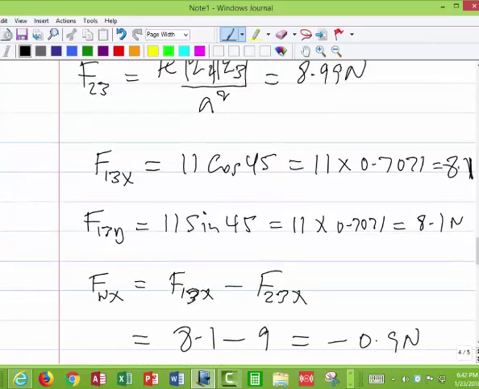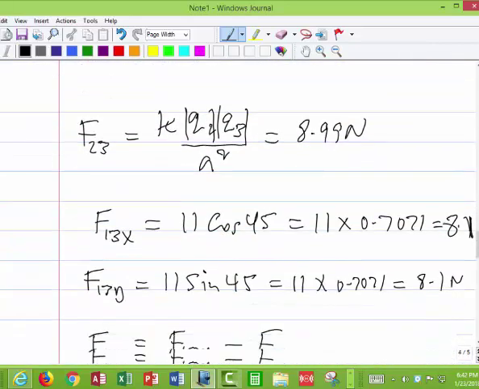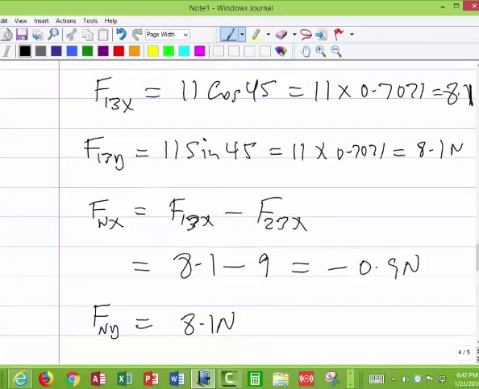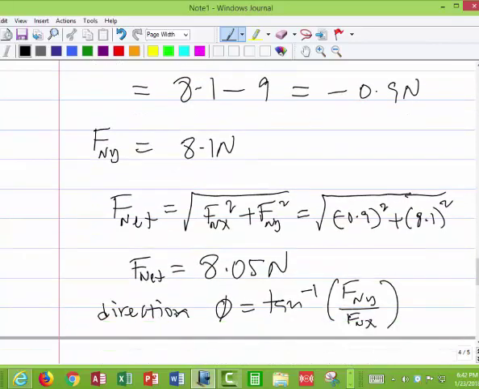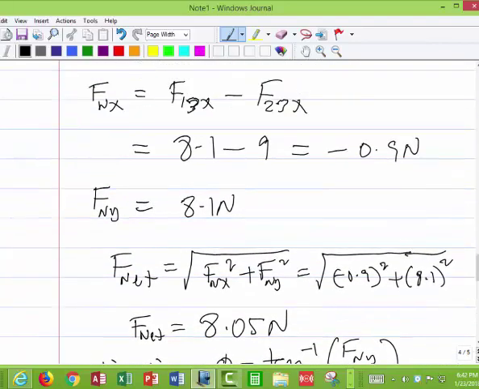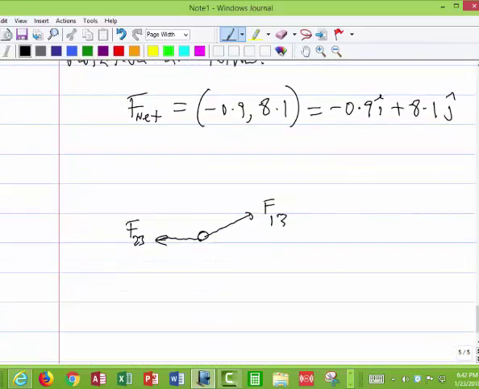F23 is 8.99, that is along the x, and the net F13 was negative 0.9. So let's take a look. The x component, negative 0.9. So basically, this is what we had.